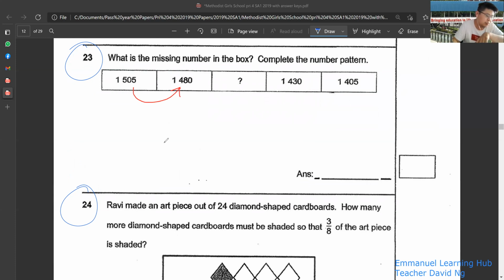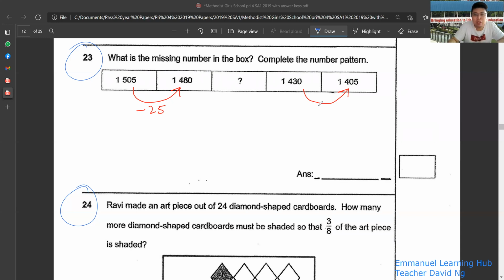What actually took place here? You use 1505 minus 1480, you get 25. So you actually minus 25 to get this.